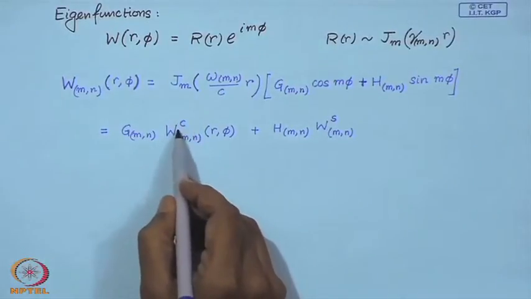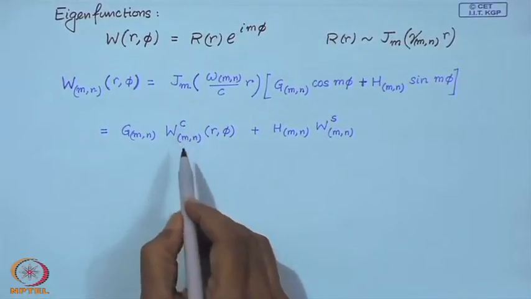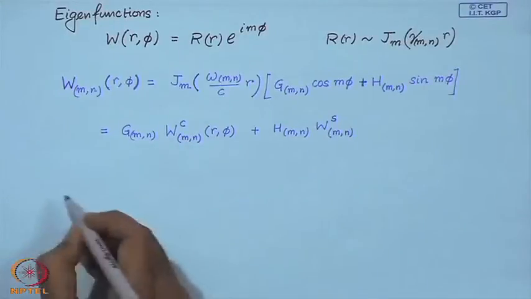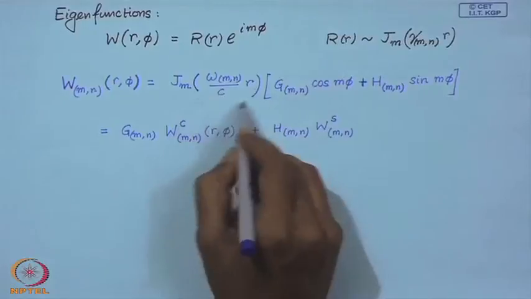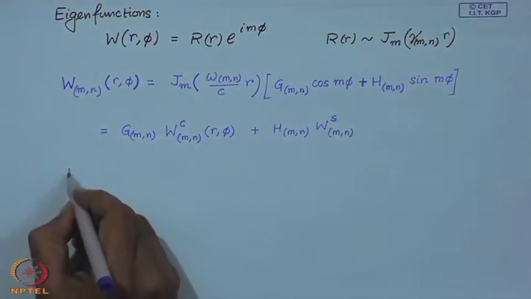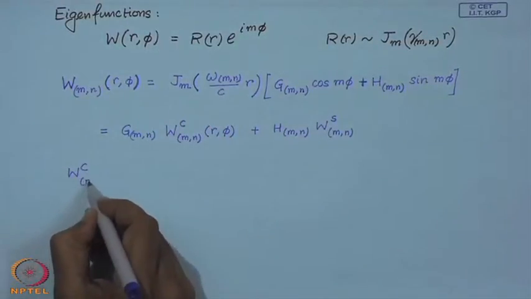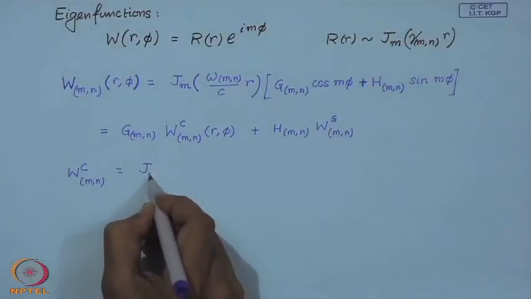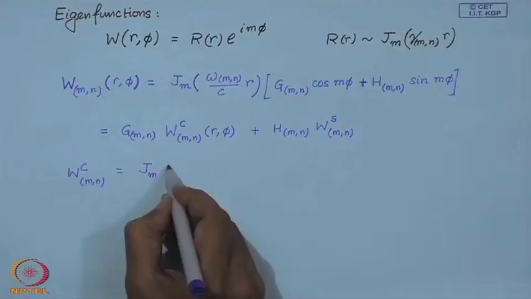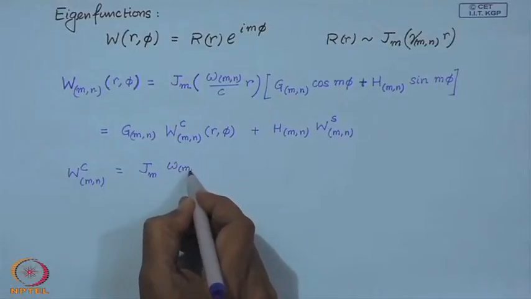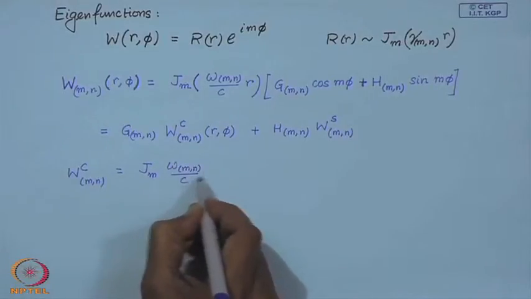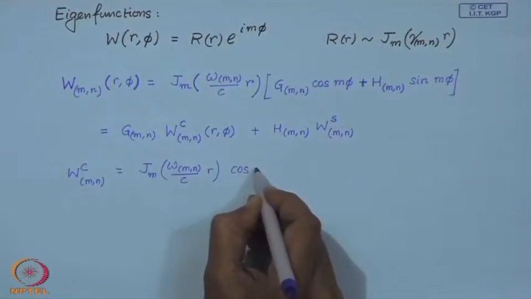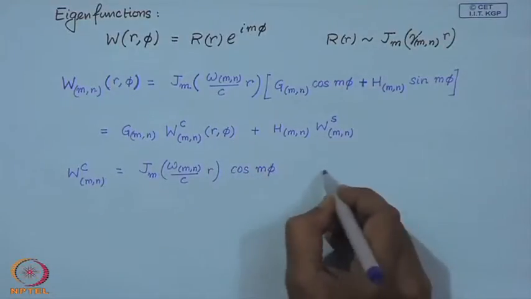The subscript capital C or S indicates this Bessel function multiplied by the cosine, and similarly the sine.